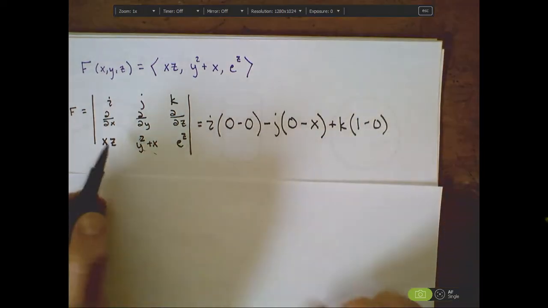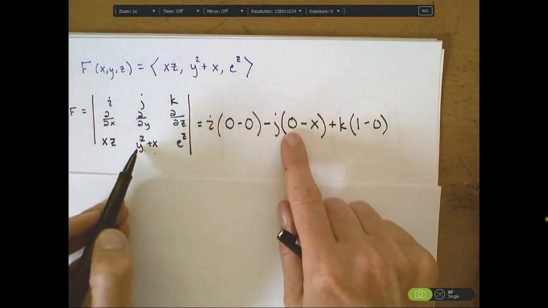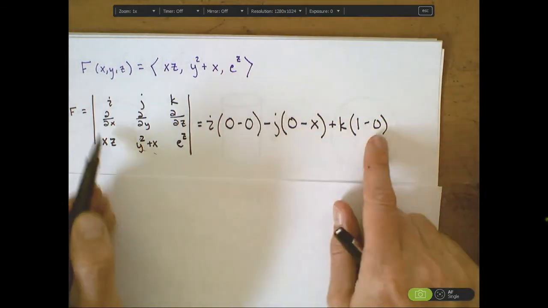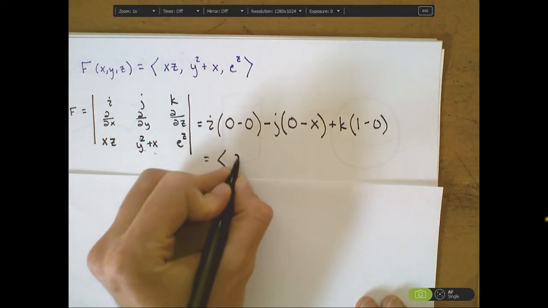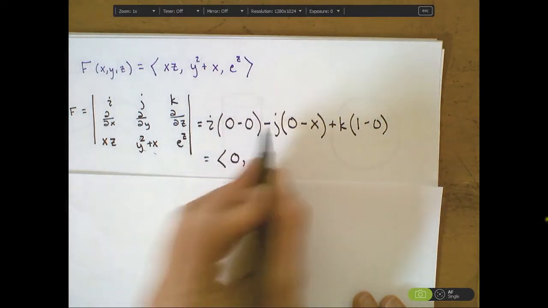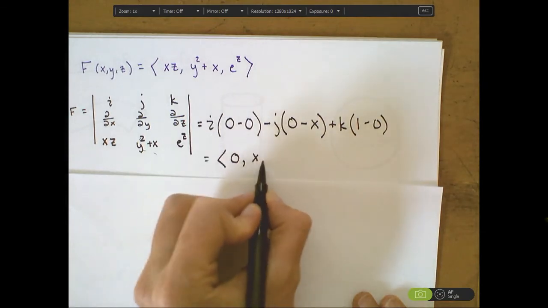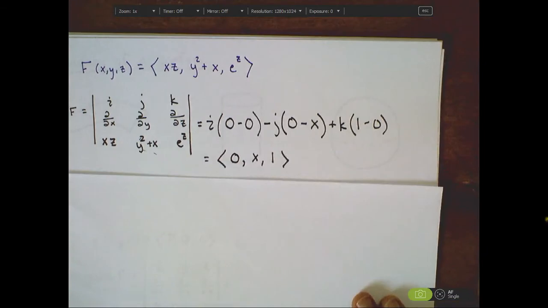Let's make sure that I did all this right. For i, that's 0; for j, that's x. Okay, yep, I feel like I did this correctly. So my final vector is going to be the vector 0 in the i component, positive x in the j component, and 1 in the k component.